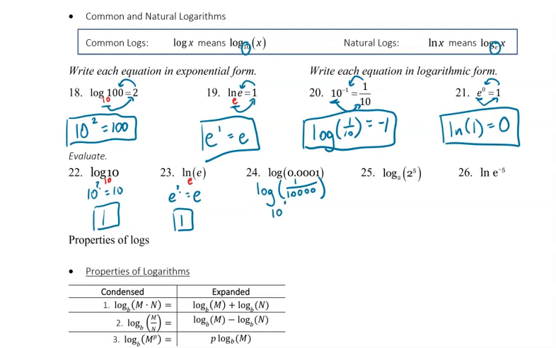Because again, this is asking 10 to what power equals 1/10,000th. So we know it's a negative. And then to get to 10,000 from 10, well, 10 times 10 is 100. Times 10 again would be 1,000. Times 10 again would be 10,000. So that's 4 times that we had to multiply by itself. So it's -4.